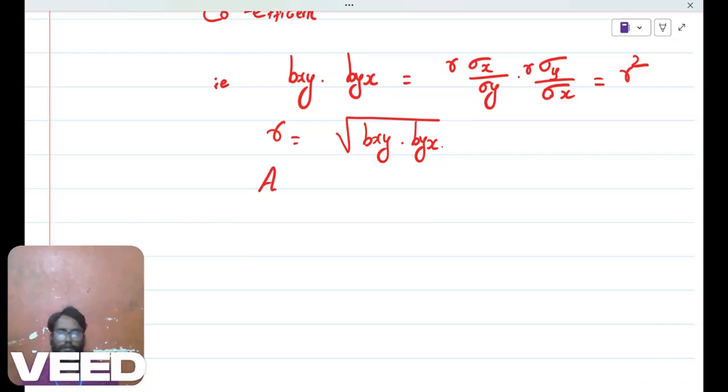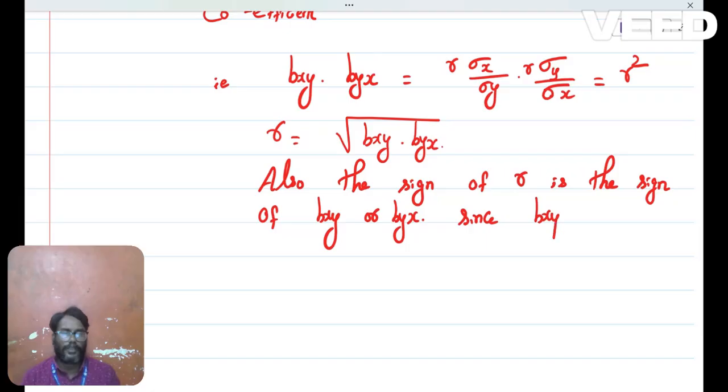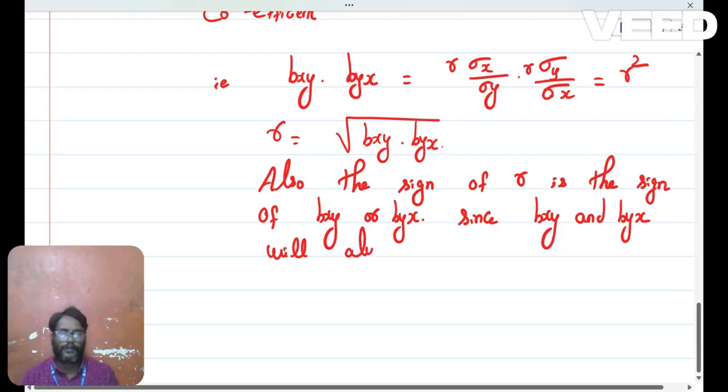Also, the sign of r is the sign of b of xy or b of yx, since b of xy and b of yx will always have the same sign.